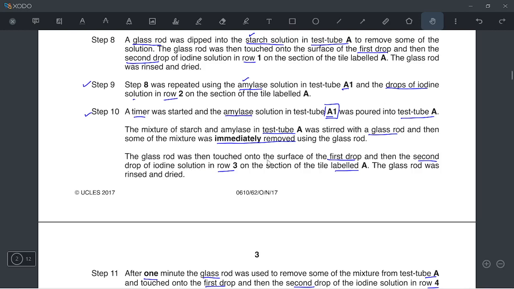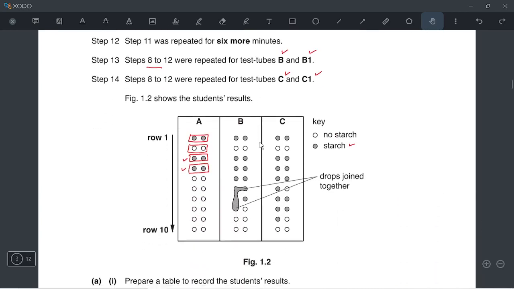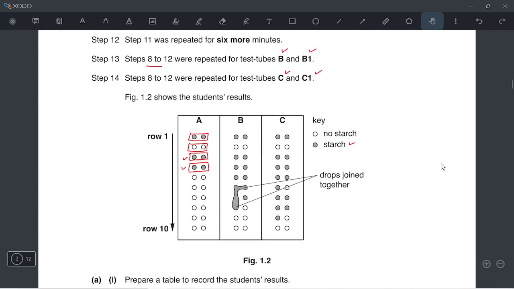The glass rod was touched onto the surface of the first and second drop of iodine solution in row 3, and the mixture of starch and amylase was taken immediately. So digestion could not take place, right? So starch is still there.